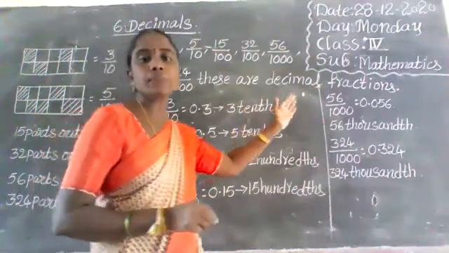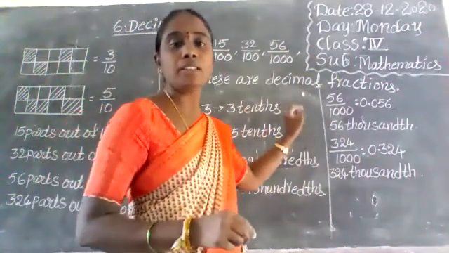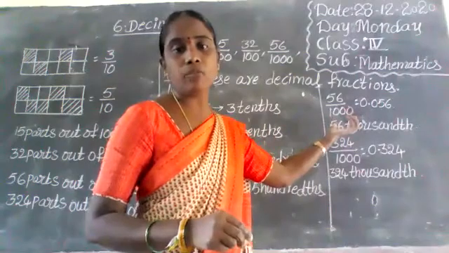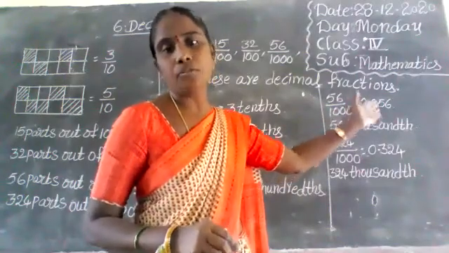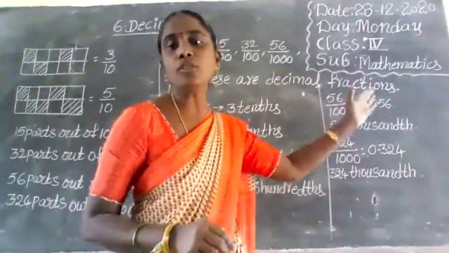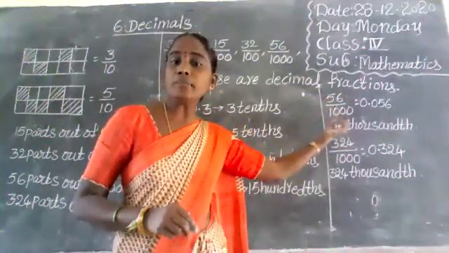Next, 56 by 1000. How can we write it in decimal form? 0.056. Yes, 56 by 1000.